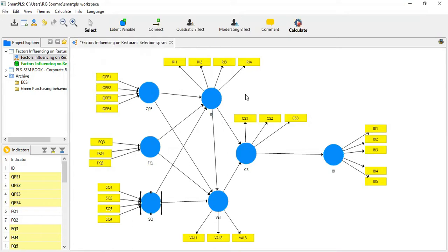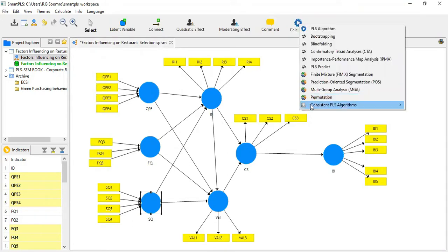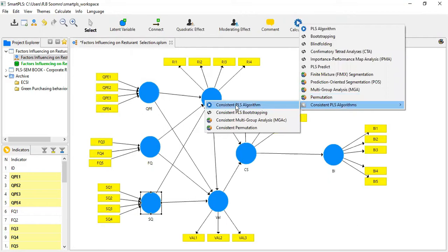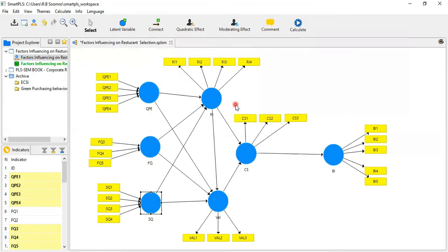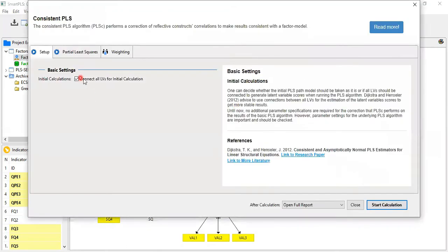Now we are going to apply the initial model with the consistent PLS algorithm, because some latent variables are reflective and some are formative. That's why the consistent PLS algorithm is more suitable than the PLS algorithm. Just click it. It's better to keep the check here.